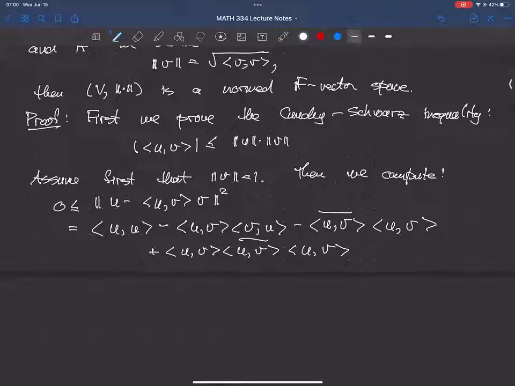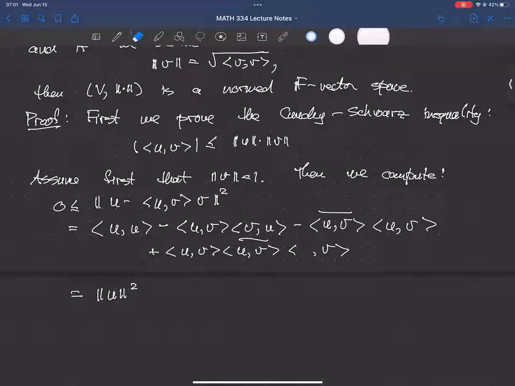Okay, so now I notice that this is the norm of u squared. Then noting that if I switch this around, I'm going to get the conjugate. Oh, sorry, I apologize. I made a typo here.